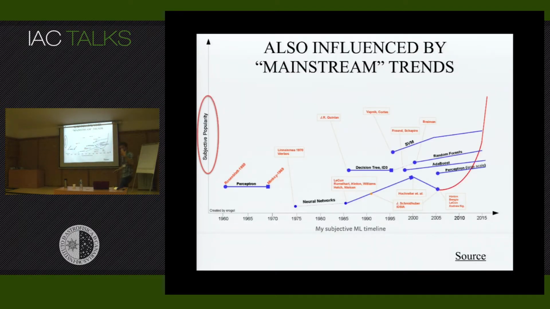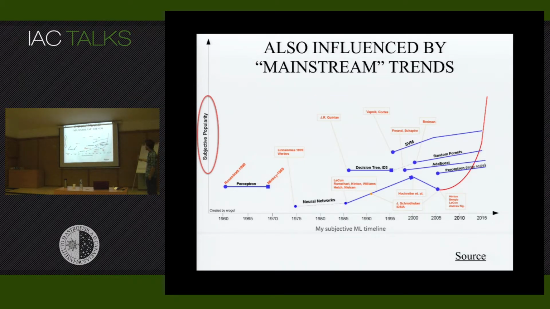And again, it's also influenced by mainstream trends. For example, this is a function of the year, showing how the popularity of the different algorithms changes. You see that neural networks, the perceptron was here. As we see, neural networks gained some popularity, but at some point we decided that they were not useful because we got stuck and there was not much progress on neural networks, so popularity decreased.